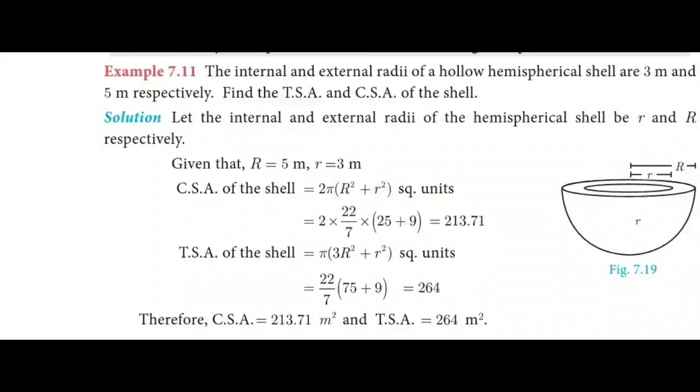We know the formula: CSA of the hollow hemisphere is equal to 2π(R² + r²) square units. Therefore, CSA of the shell is 2π(R² + r²) square units.